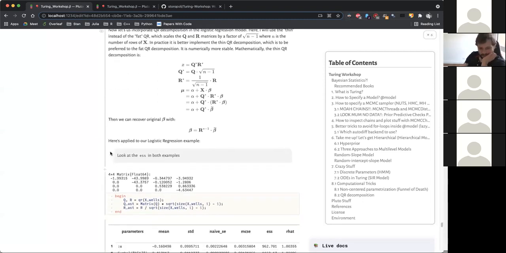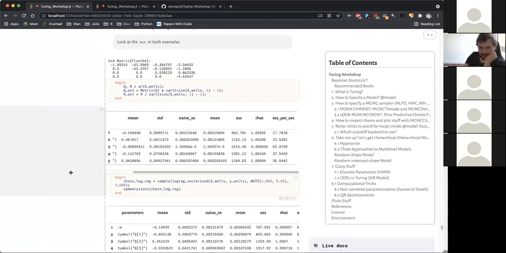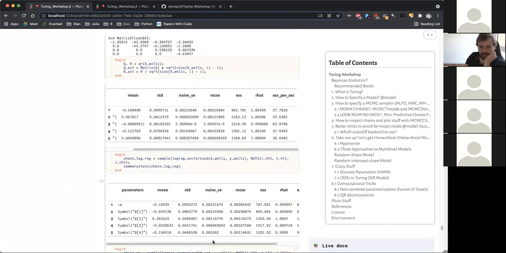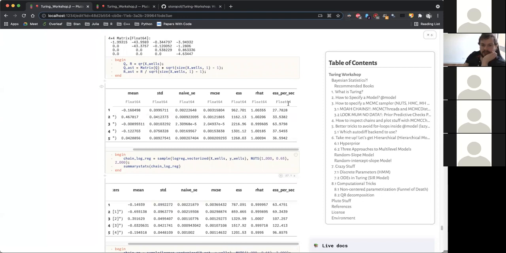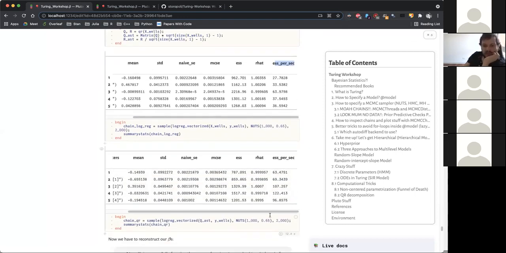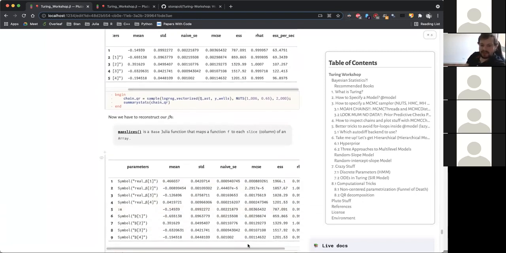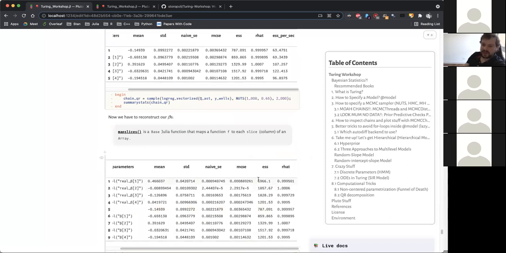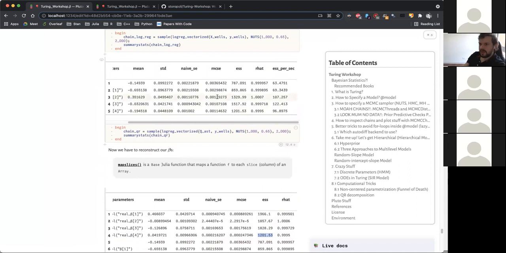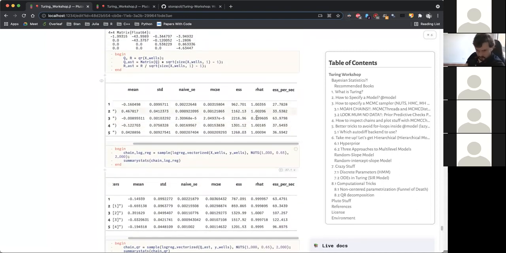Turing. And here's an example, and take a look at the effective sample size per second. If you take a look, you have more effective sample size per second. And also, when we transform the parameters back, we have a huge gain in effective sample size. So we have like 2K, 2K, 2K, and 1200 in our betas. If you look at the normal one without the QR decomposition, we have 1K, 1K, 2K, and 1200.